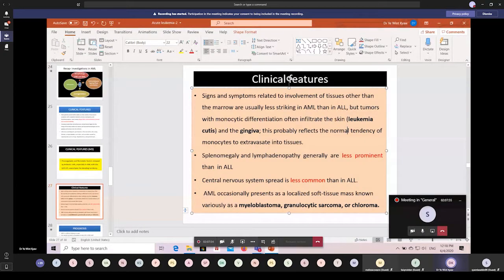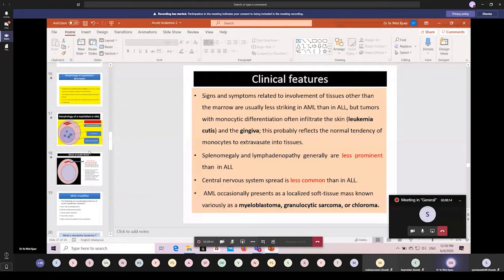But here, gingiva involvement is common in M4. Skin infiltration here is common in AML, especially M4.